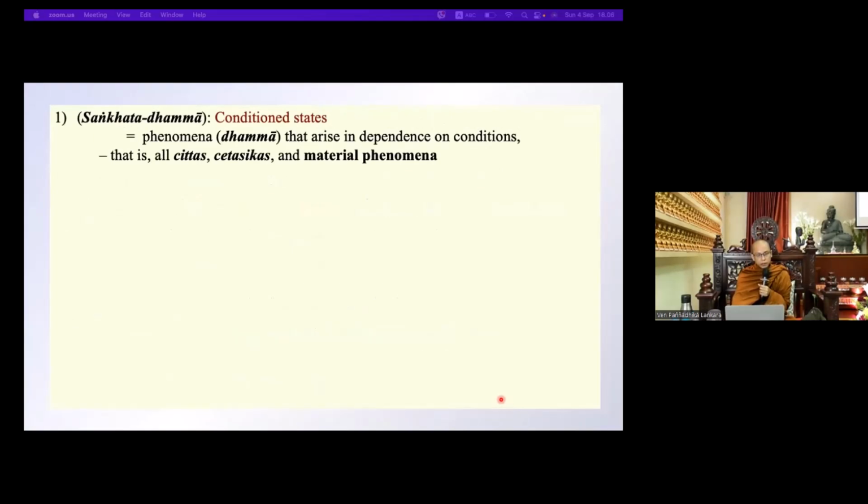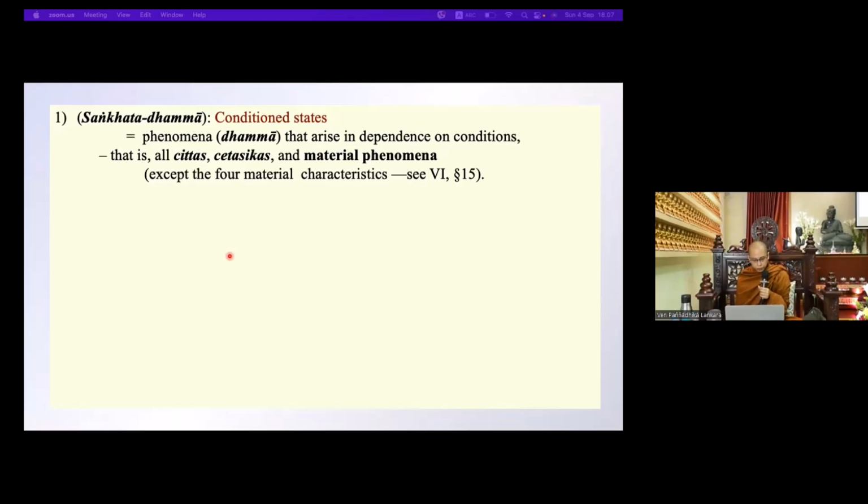So here, Paccayuppanna Dhamma, which is called the Sankhata Dhamma in the Abhidhamma Sangha. Conditionally arising states are referred to as Sankhata Dhamma, conditional states.